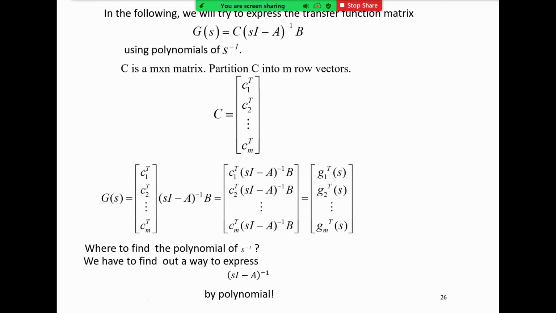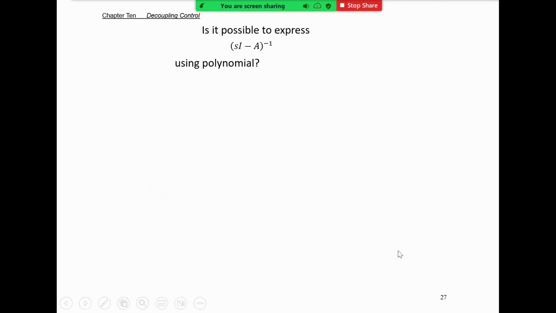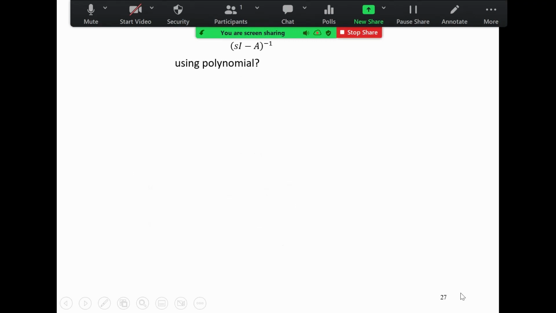Of course, we have to find a way to express the inverse of this matrix, and the inverse of that matrix is like a division. Therefore, the question becomes: is it possible to express SI minus A inverse using a polynomial?